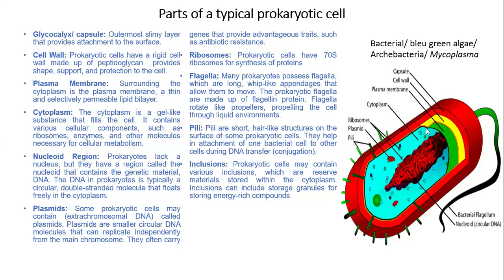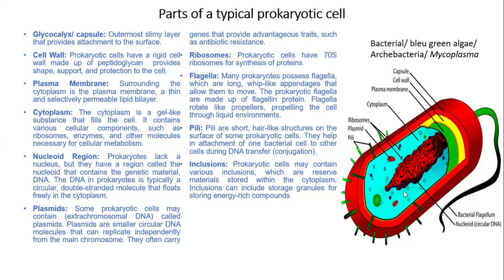Inner to the cell membrane is the space known as cytoplasm. The cytoplasm of a prokaryotic cell is usually known as cytosol. This cytoplasm contains gel-like substances where metabolic activities take place.